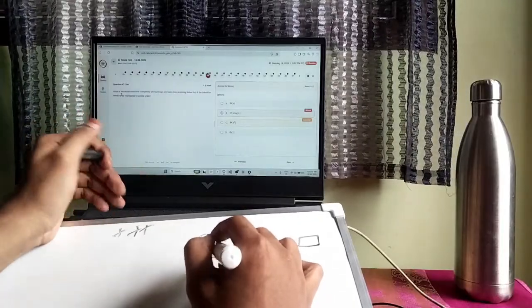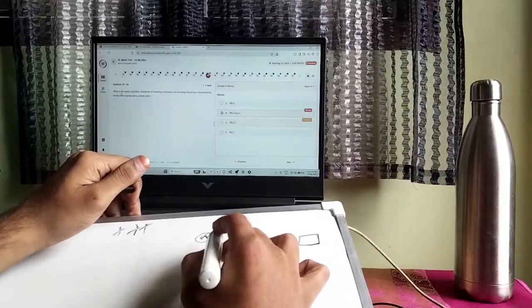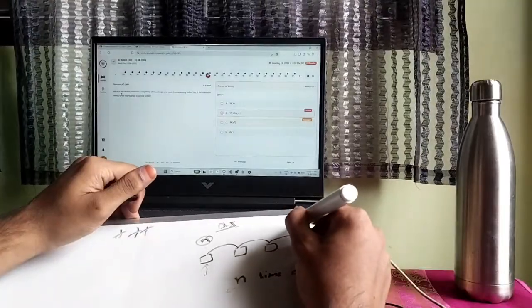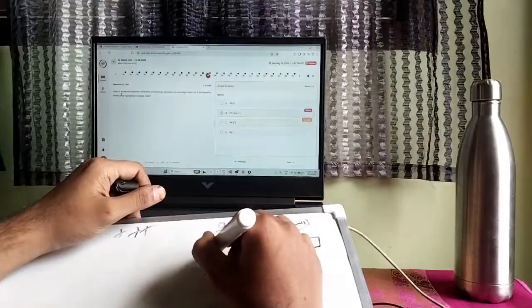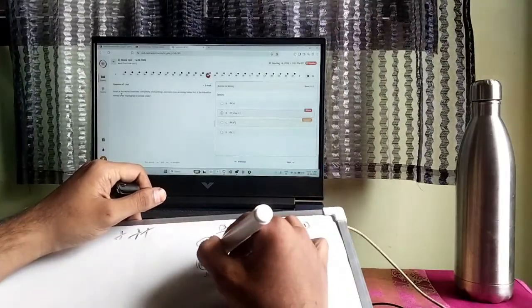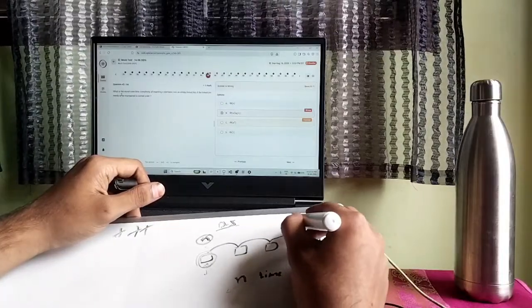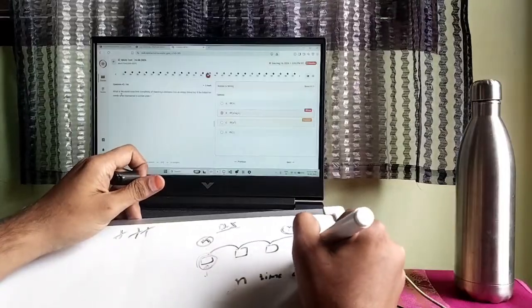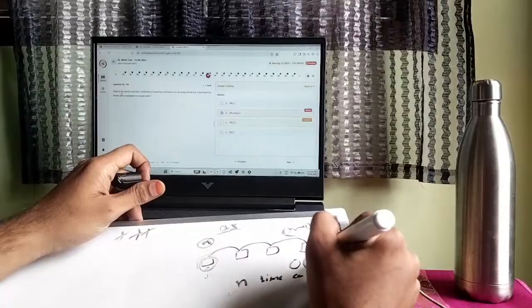They are asking about the worst time complexity. If this is the largest element, it needs to travel all these n-1 nodes, so it requires n-1 comparisons. So for this one element alone, it needs n-1 comparisons. So in total we are going to get n square, order of n square.